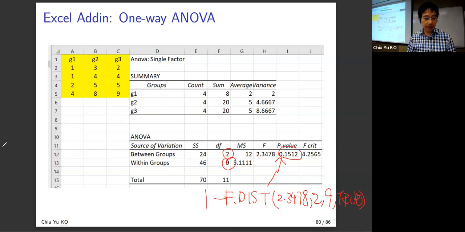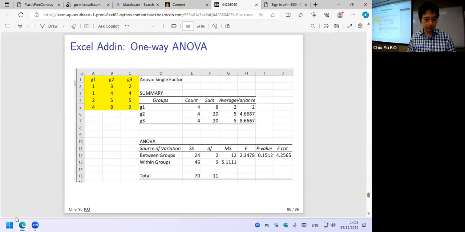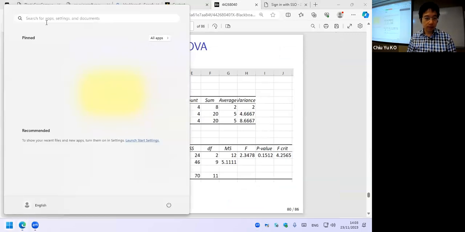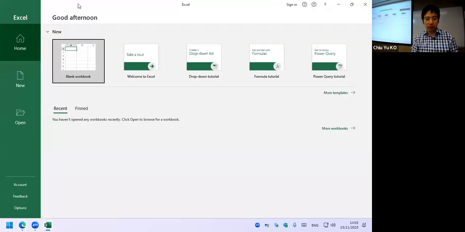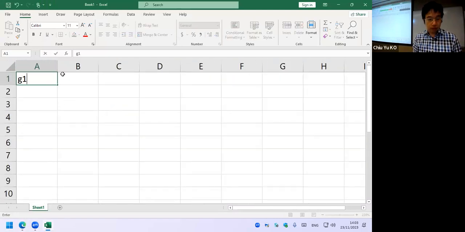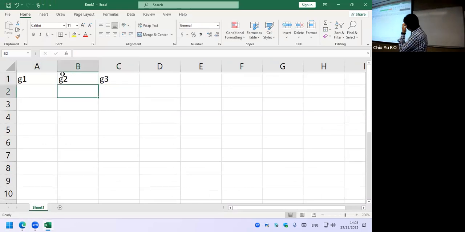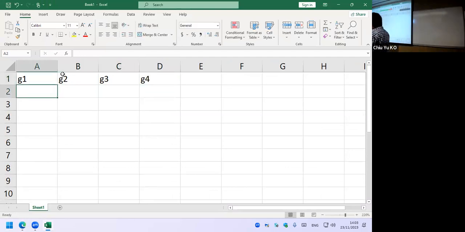So now let us do the Excel. Okay. Group 1, group 2, group 3. Maybe I'll add a group 4, which would be more fun. Here in one-way ANOVA, we can have a different number of observations for each column; they need not be the same.